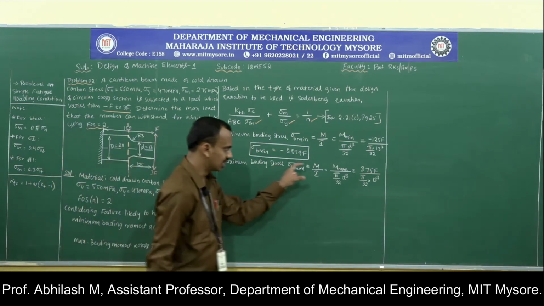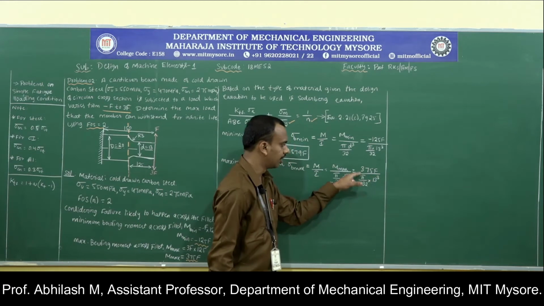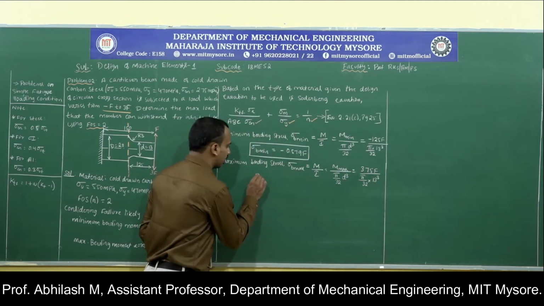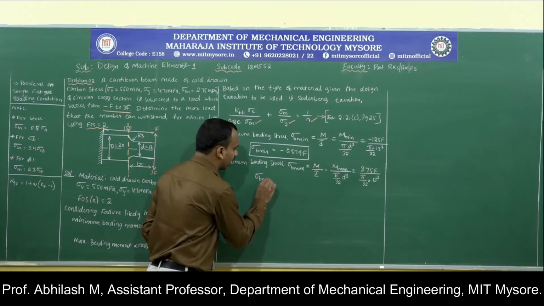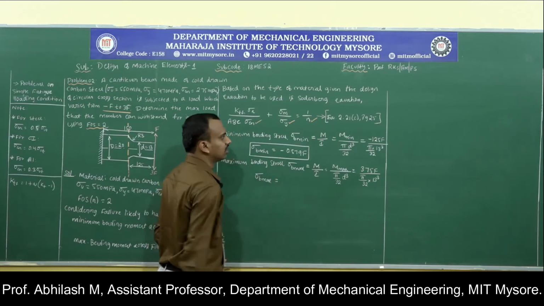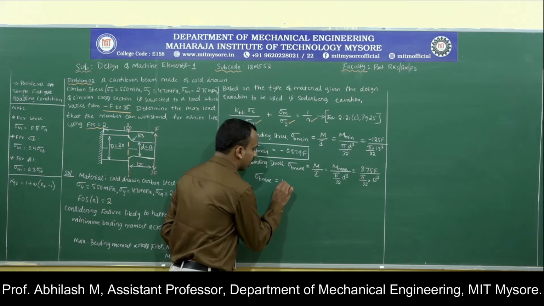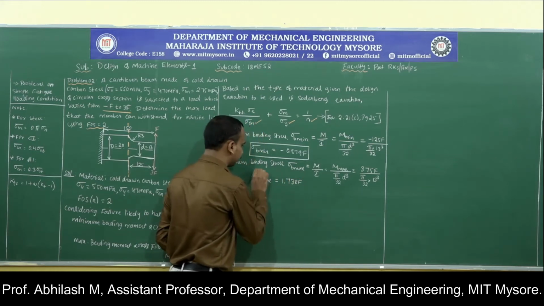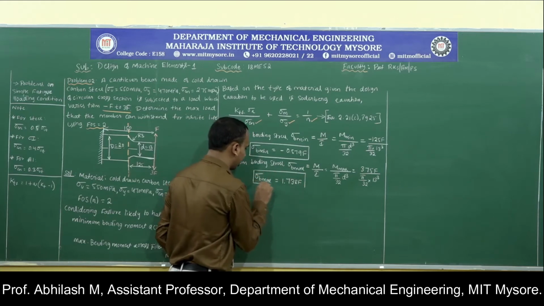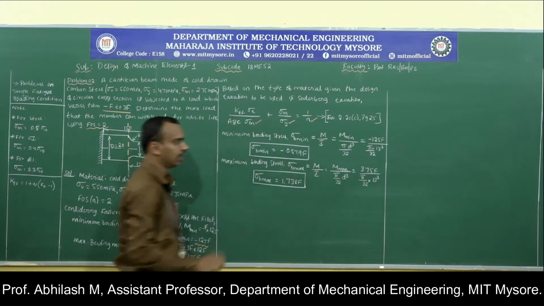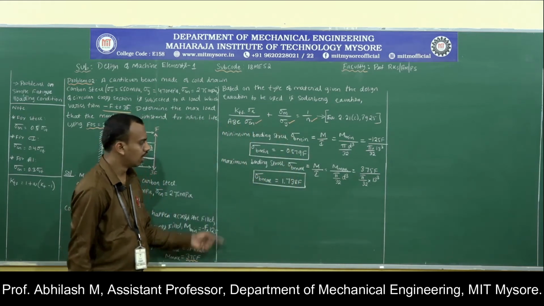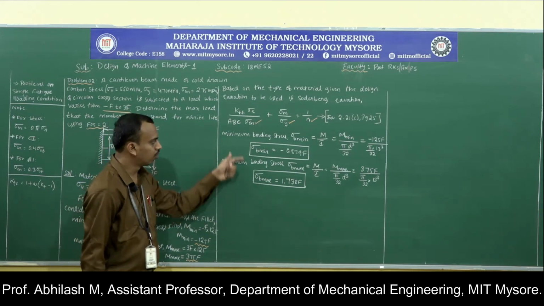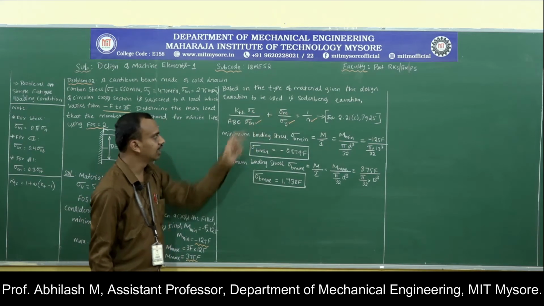If I solve this, 375 F into 32 divided by pi into 13 cubed, I obtain the maximum stress value, which is 1.738 F.